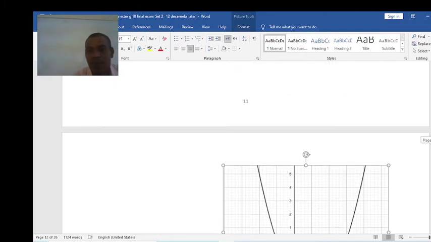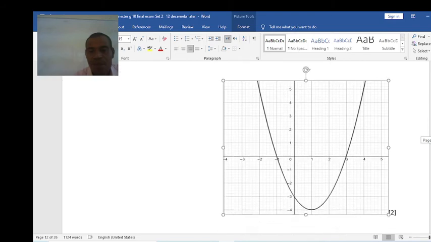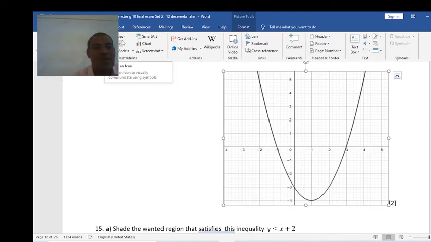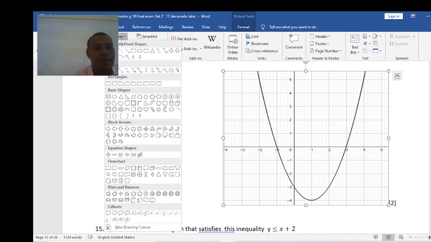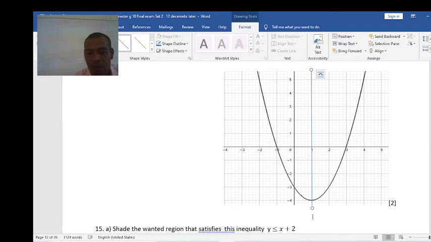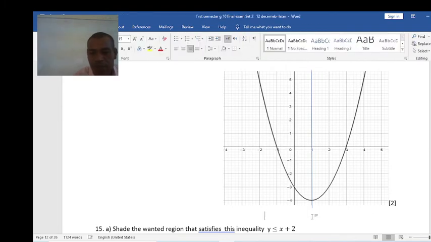We told that the axis of symmetry, x equals what? X is equal to 1. You will draw a line like that. This is x equals 1. You will draw a line and write: this is the axis of symmetry, x equals 1.